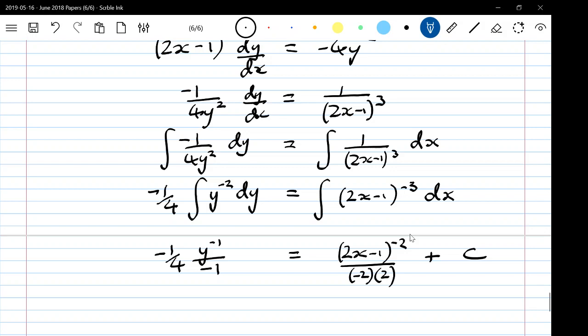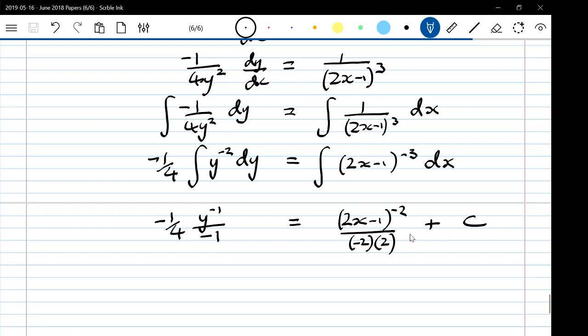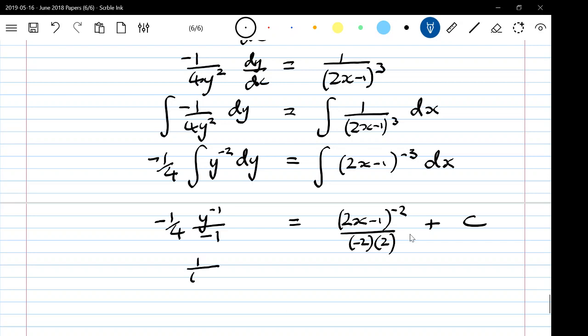So we always must remember the constant of integration. It's all looking a little bit messy, so I'm going to tidy this up. I've got minus 1 over minus 1, so that cancels out. I've got 1 over 4y out of that left-hand side. And my right-hand side is minus 1 over 4 times 2x minus 1 squared plus c. I think that's where I am with this at this point.